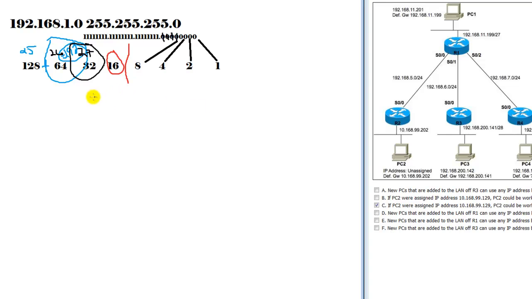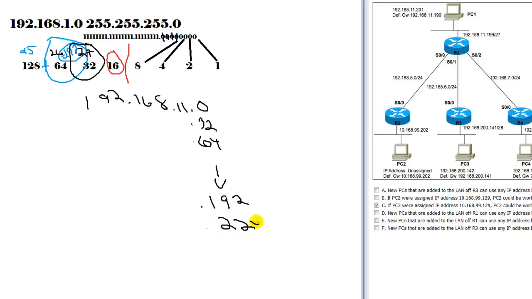So your first network is 192.168.11.0, and then it goes on to 32, 64. You guys get the idea, and it goes all the way down to .192, and then 224, and then 256.